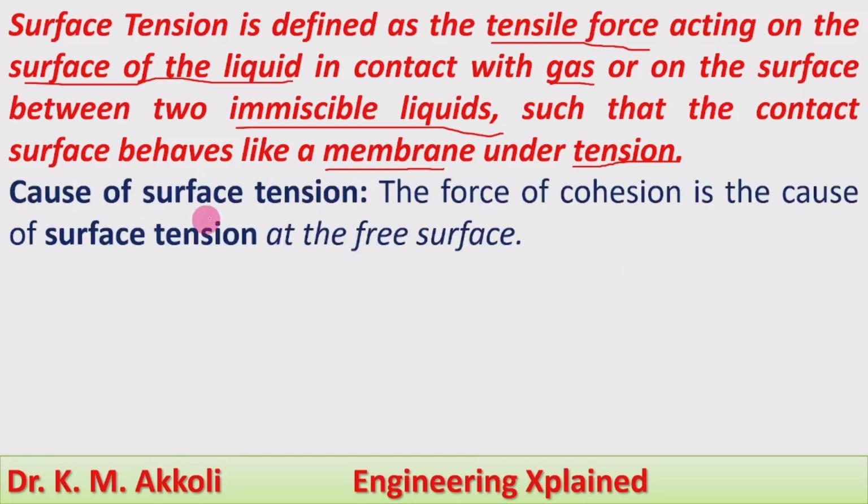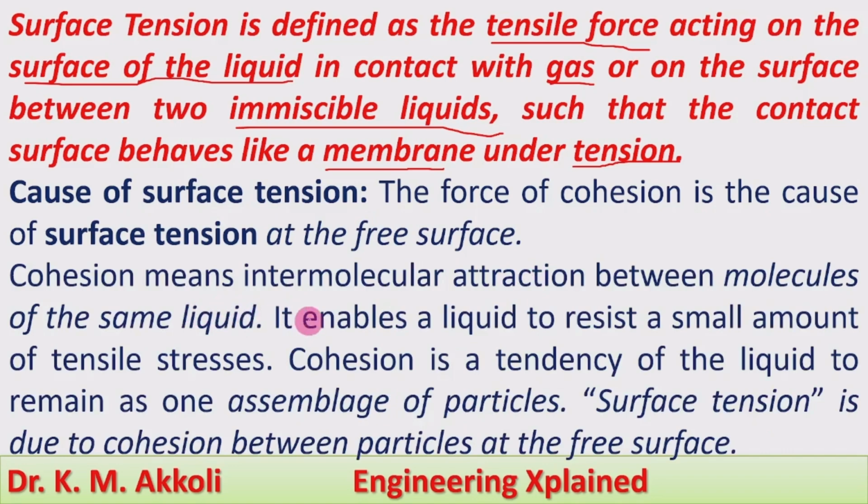First, we'll take what is the cause of surface tension. The force of cohesion is the cause of surface tension at the free surface. Cohesion means intermolecular attraction between molecules of the same liquid. It enables the liquid to resist a small amount of tensile stress. Cohesion is a tendency of the liquid to remain as one assemblage of particles.